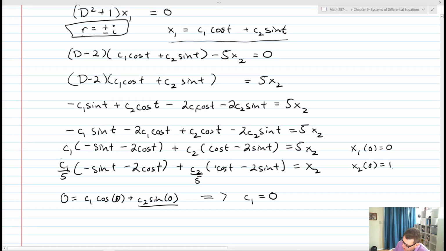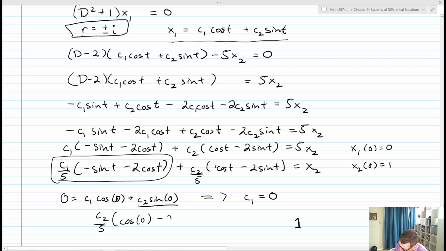And now we can substitute that back in to get x2. So x2 is 1, right? And c1 is 0, so this first term all goes away. That's going to be 0 plus c2 over 5 times cosine of 0 minus 2 sine of 0, which will equal 1.